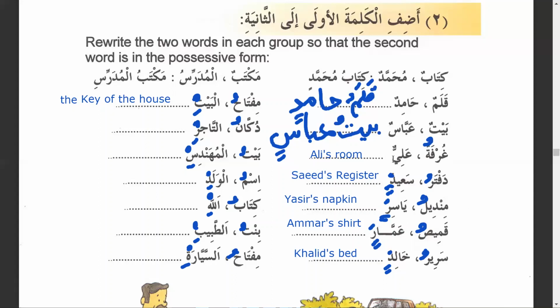When mudaf ilayh is proper, then mudaf also becomes proper. You will see when you translate this column. Dukanut tajiri. Tajir is merchant, and Dukan is a store. The merchant's store, or the store of the merchant. Okay, Baitul Muhandisi.